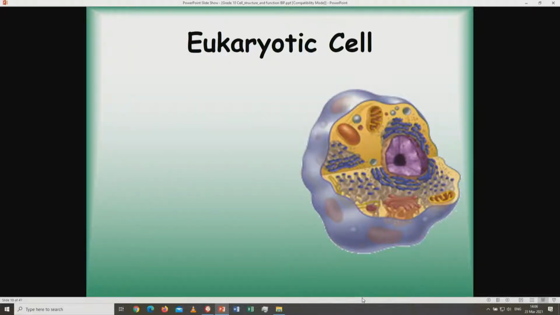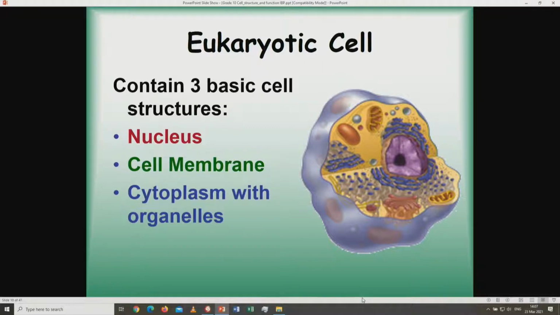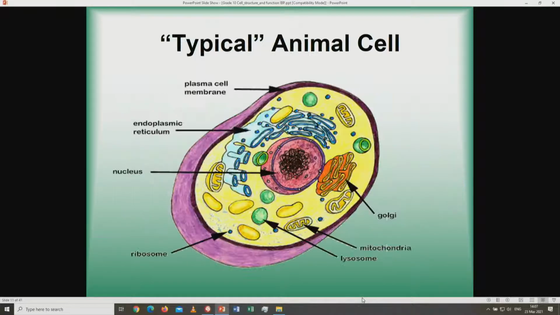The eukaryotic cell contains three basic cell structures: the nucleus, which is extremely important, especially in Grade 12, the cell membrane, and the cytoplasm with organelles. Now to start, this is just an idea of what an animal cell looks like.